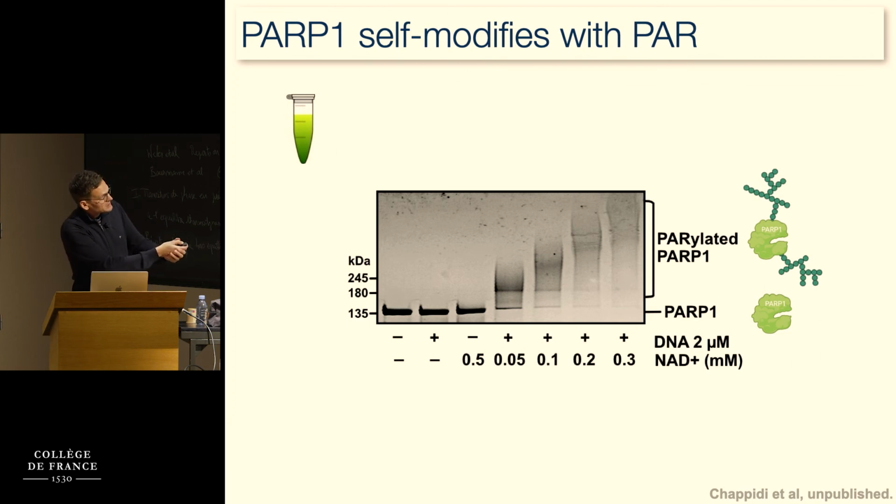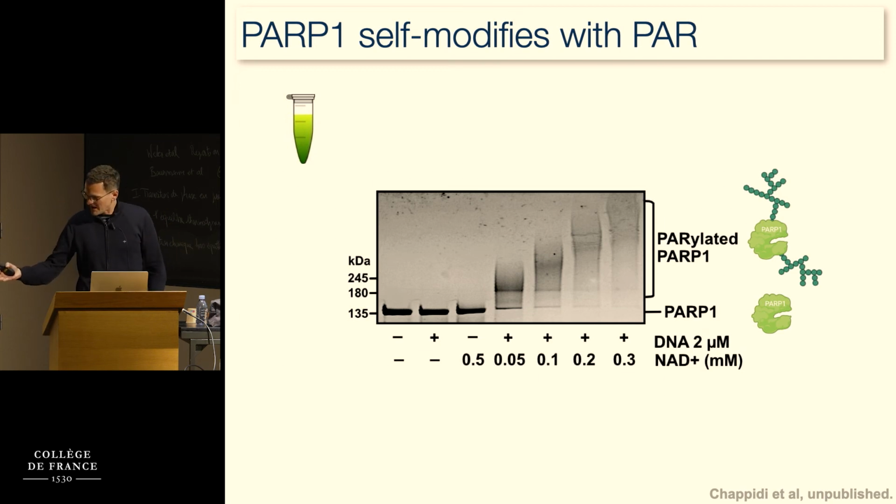And then you can see how PAR polymerase modifies itself with these PAR chains. So these chains are added, and you can see that the molecule is getting bigger and bigger over time. Again, we have an enzyme here which is turned on by binding to DNA, and it self-modifies.